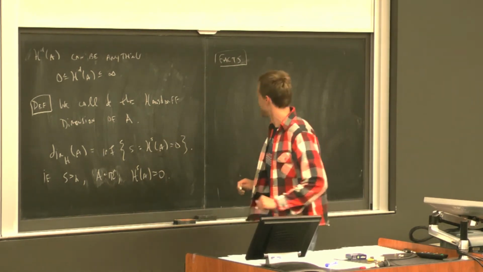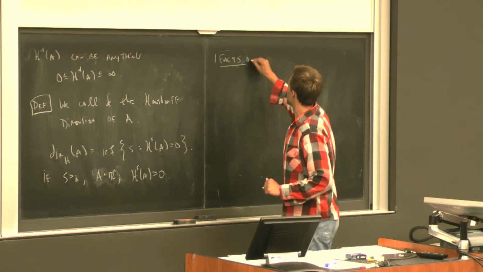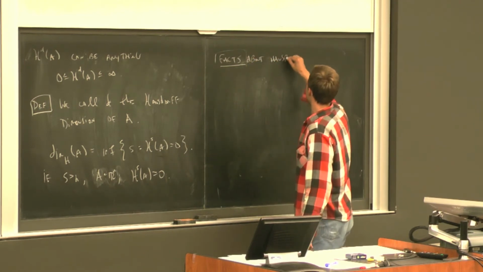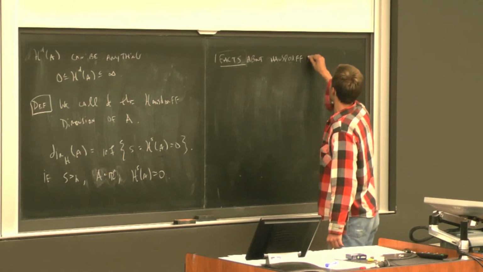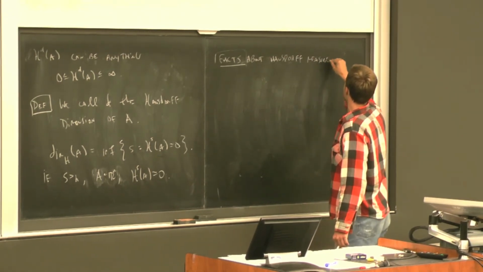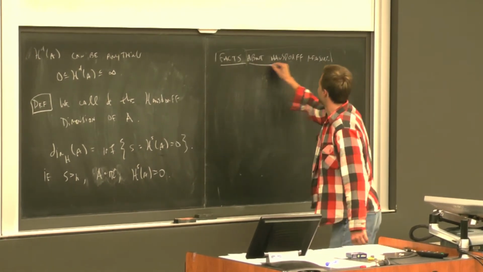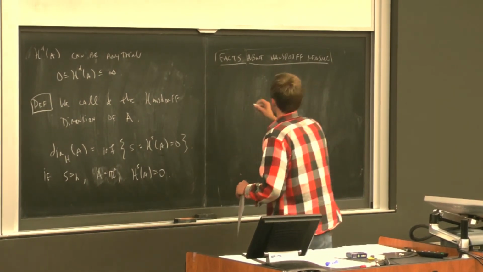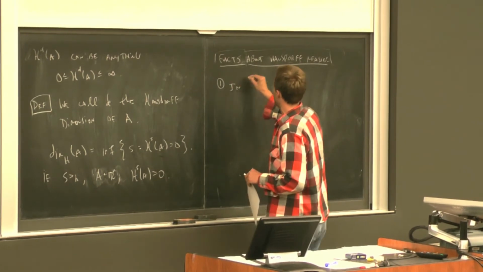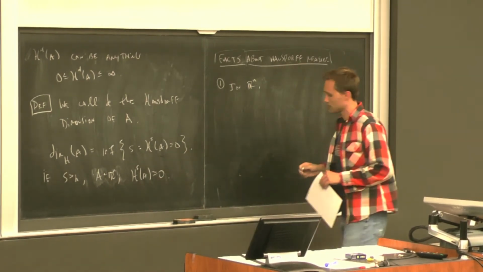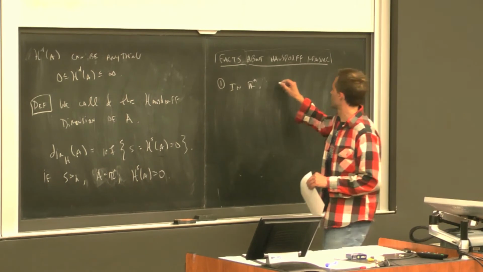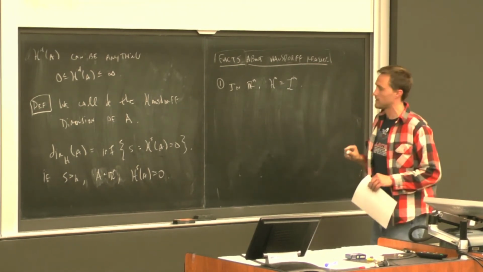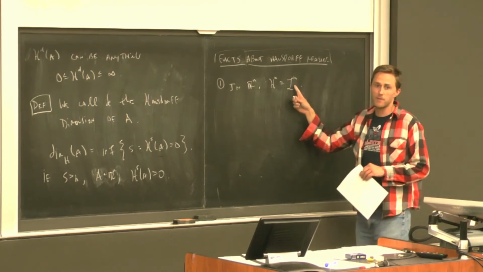So, facts about Hausdorff measure. Let's have a few. One: in Rn, Hn is equal to Ln. In Rn, we always have our Lebesgue n measure.